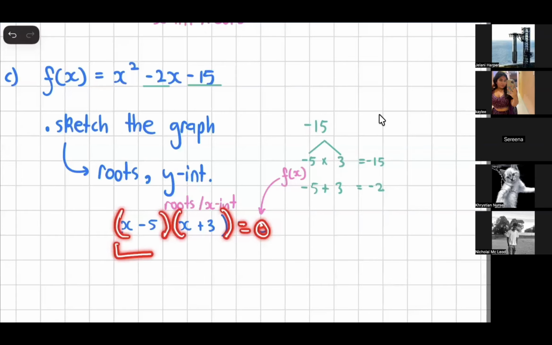Right. So if I could make this bracket 0 somehow, then 0 by the other bracket would give me what for sure? 0. Yeah. And what value of x would make this bracket 0?